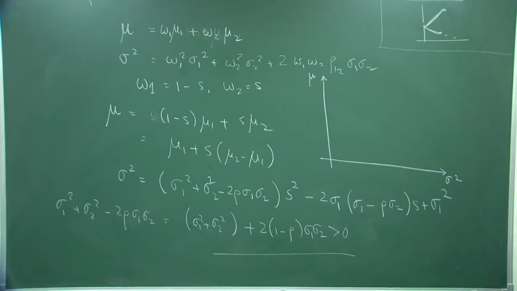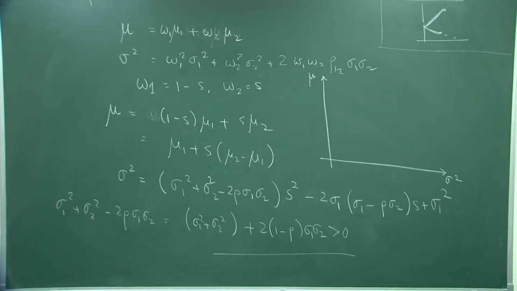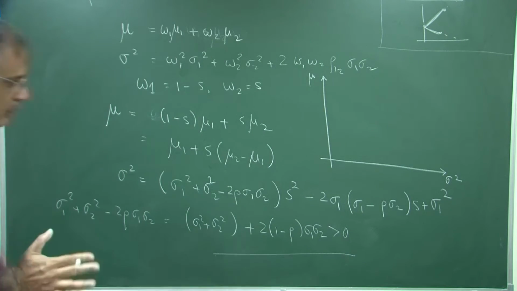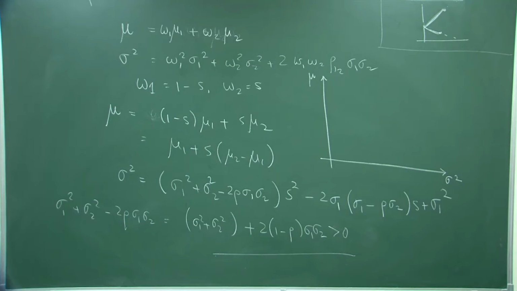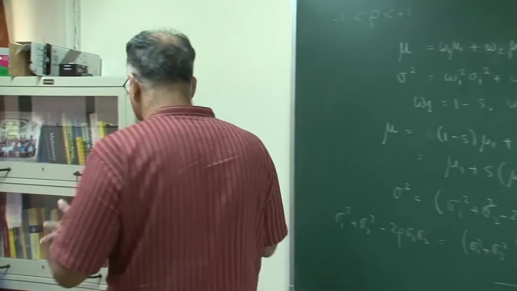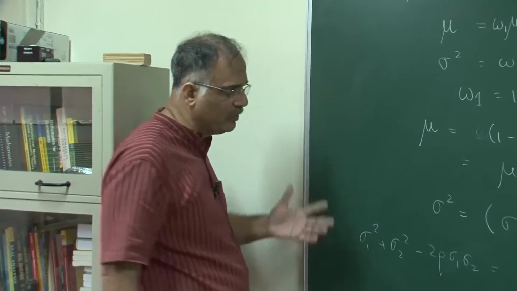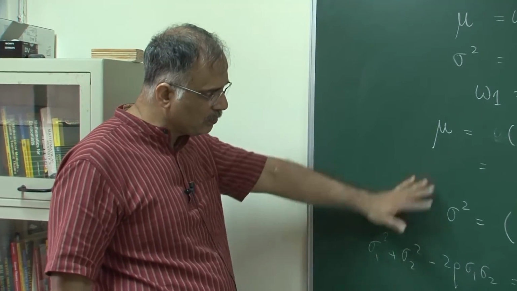Assume that expected return is positive. Of course, theoretically it could be negative, but in practice nobody would expect the expected return to be negative. I am expecting a loss. That is a very bad thing no investor would do. So, from an optimistic point of view, we will always have mu1 to be positive.